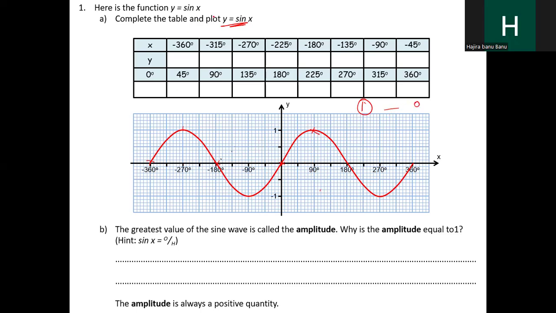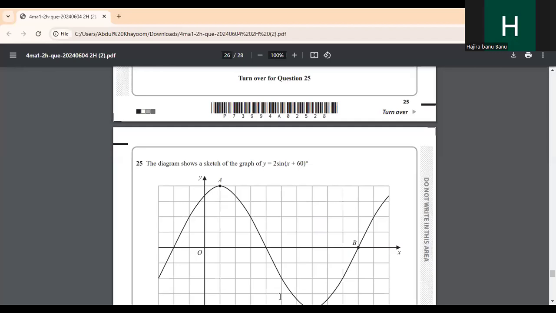Now, coming back to the question in the paper, he has given us the graph of y equals 2 sine of (x plus 60). If you remember, I showed you the transformation of graphs.